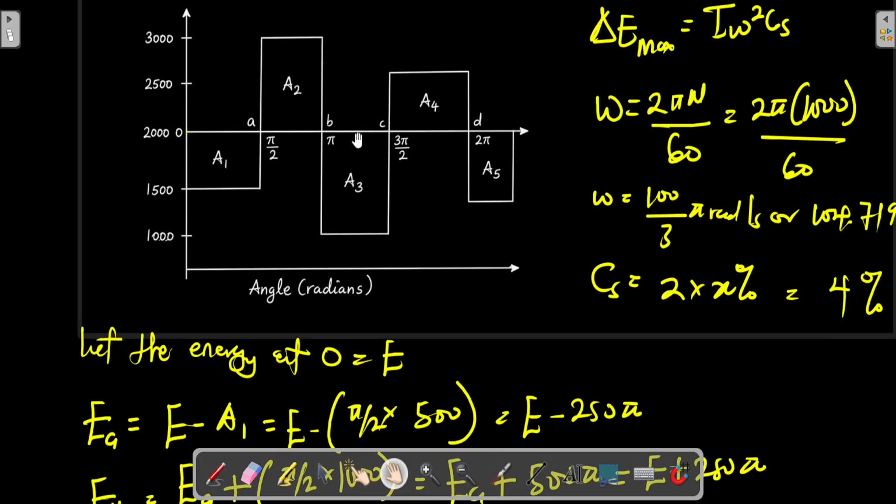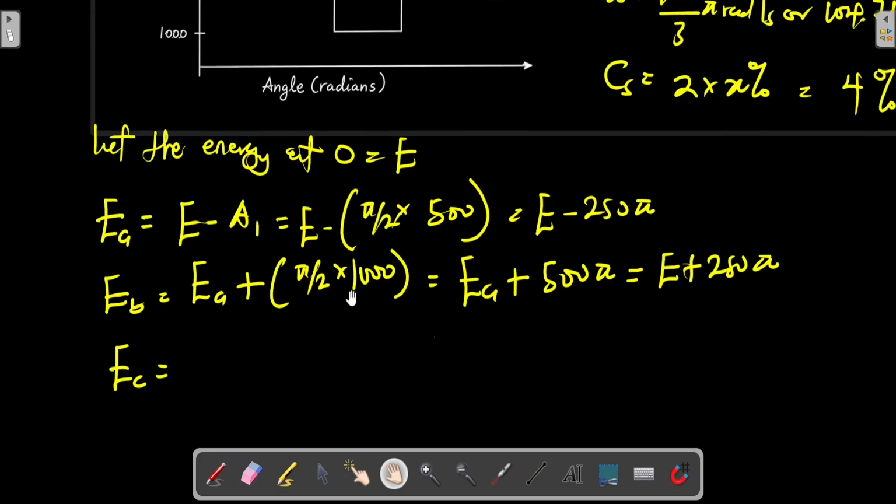And this particular dimension will be what? 3 over 2 pi minus pi gives you half pi. So half pi multiplied by this particular dimension along the torque axis, what do we have? We have 2000 minus 1000.